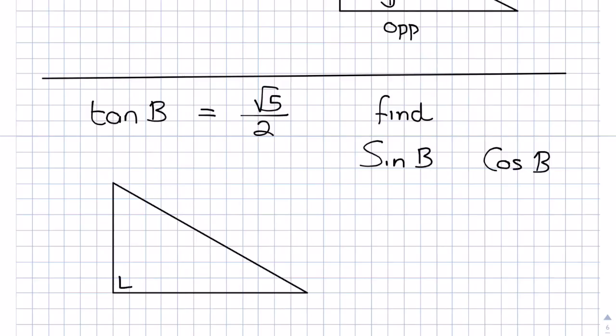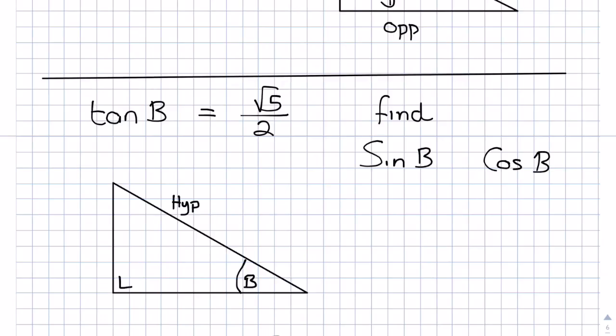So you have your right angle there, which means that this is the hypotenuse. Alright, now let's just label this angle B. Now remember, tan is opposite over adjacent. And in this case, that's root 5 over 2.